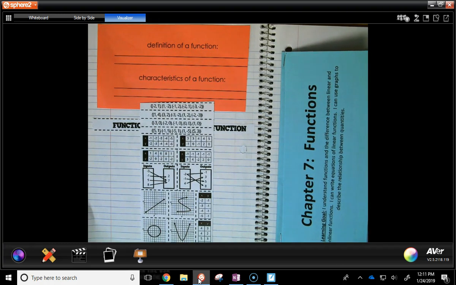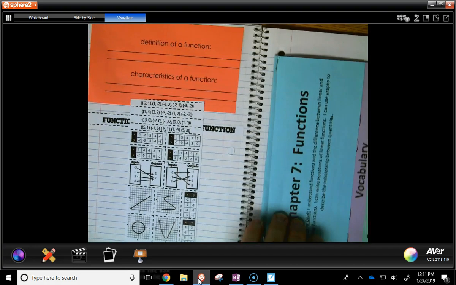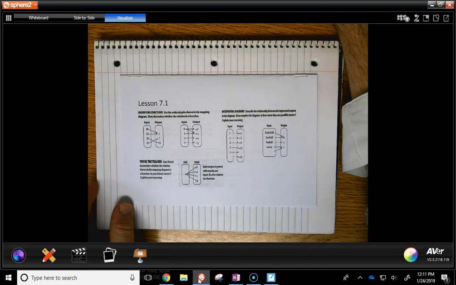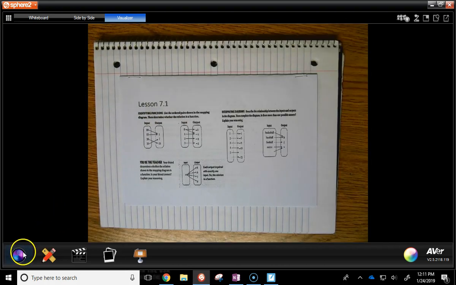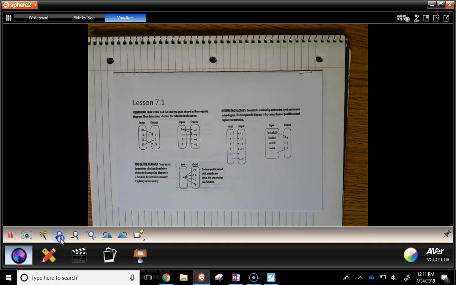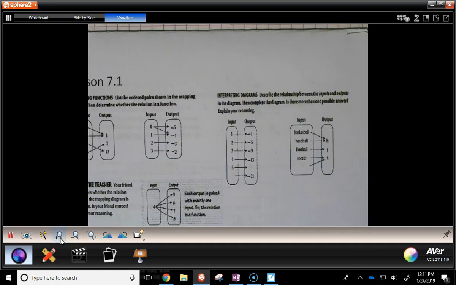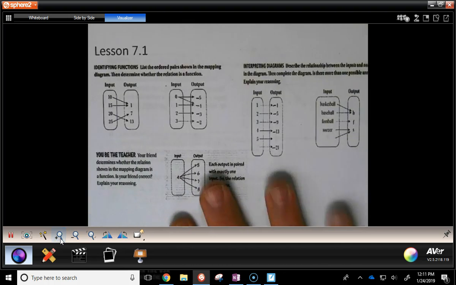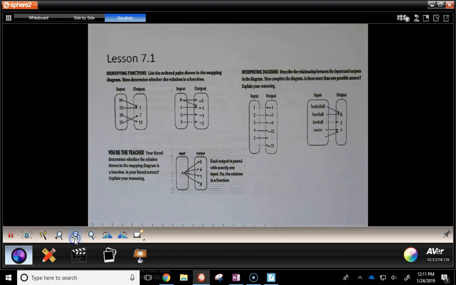The second part is your homework. If you turn to your homework page, for tomorrow, this is the part that I will take a grade on. This is what you can get late work on. You have 3 problems.